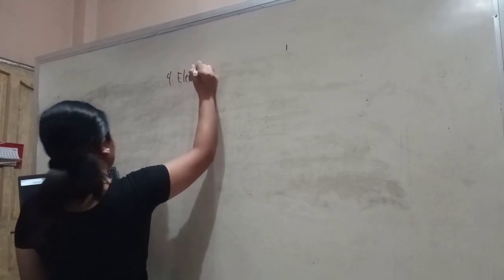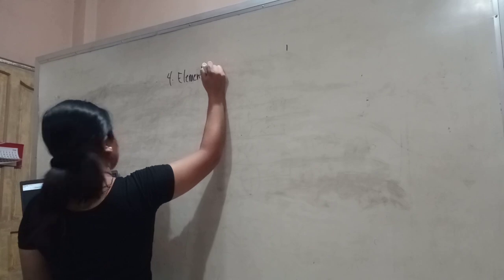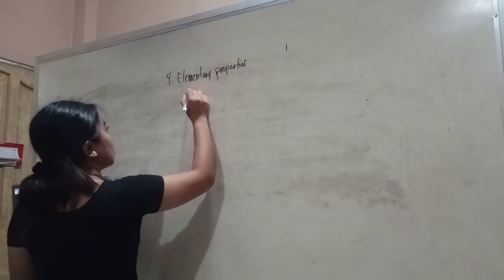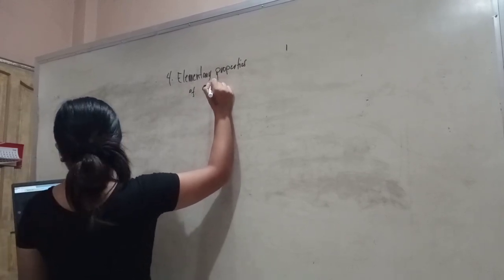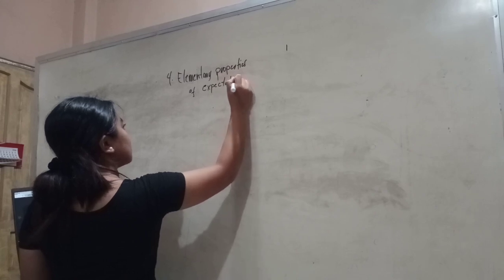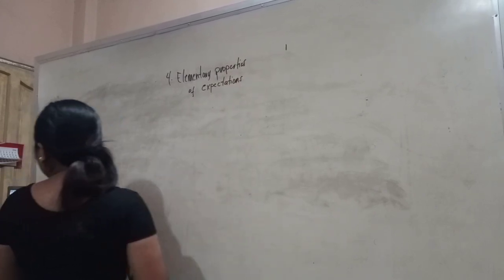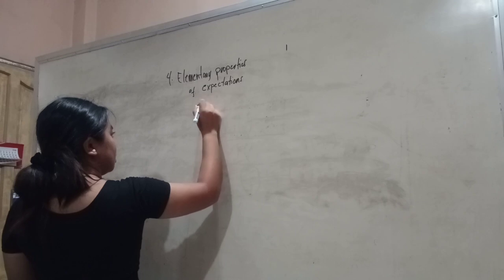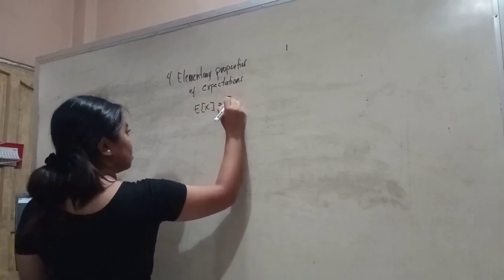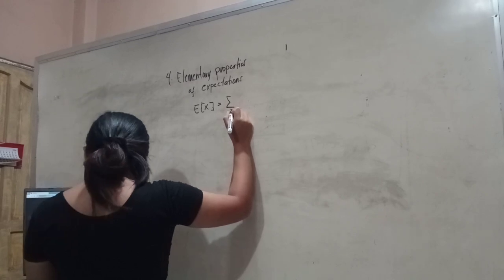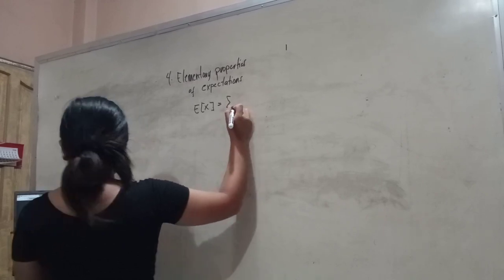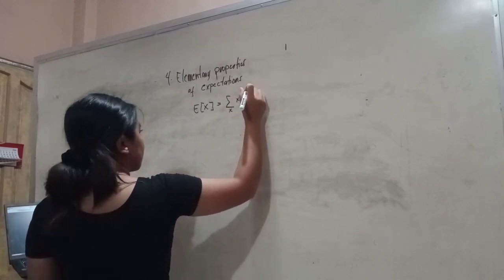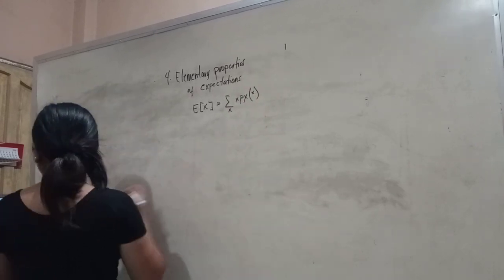Elementary properties of expectation. E of X is equal to the sum of x times P of X equals x.